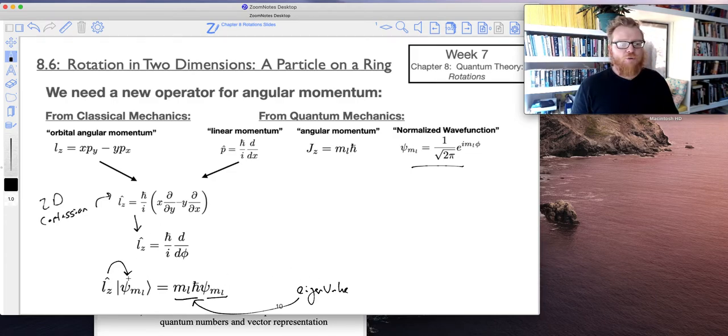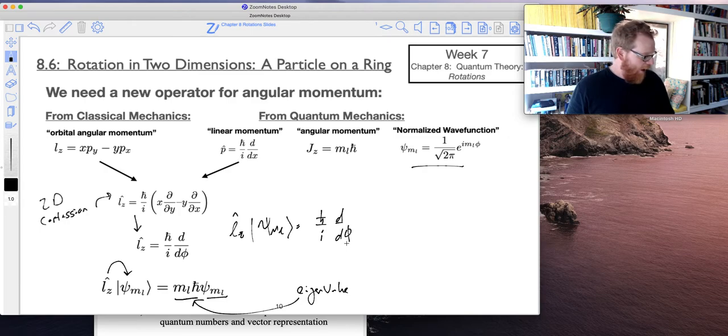I'll just remind you really quick to do this operation of Lz on psi ml. It's simply h bar over i and the derivative in phi of this equation psi ml, okay? And so when we do that, we get back ml h bar times psi ml.